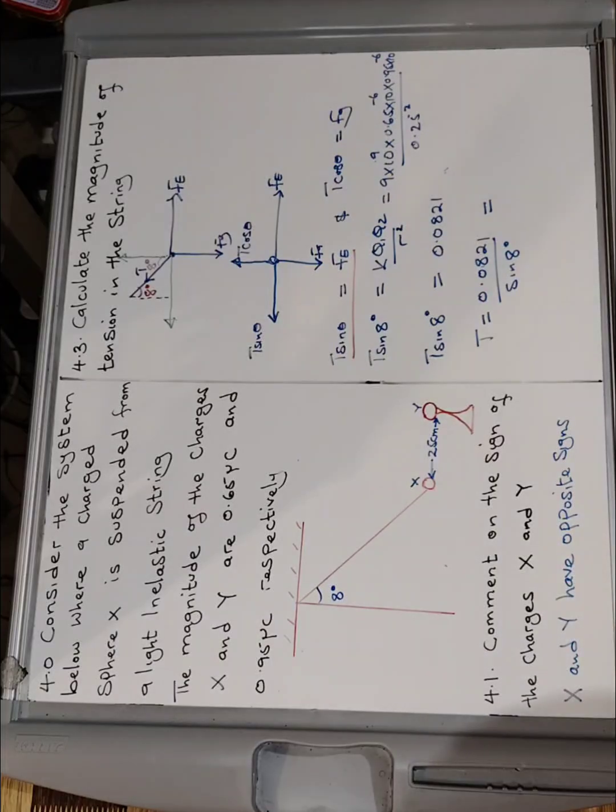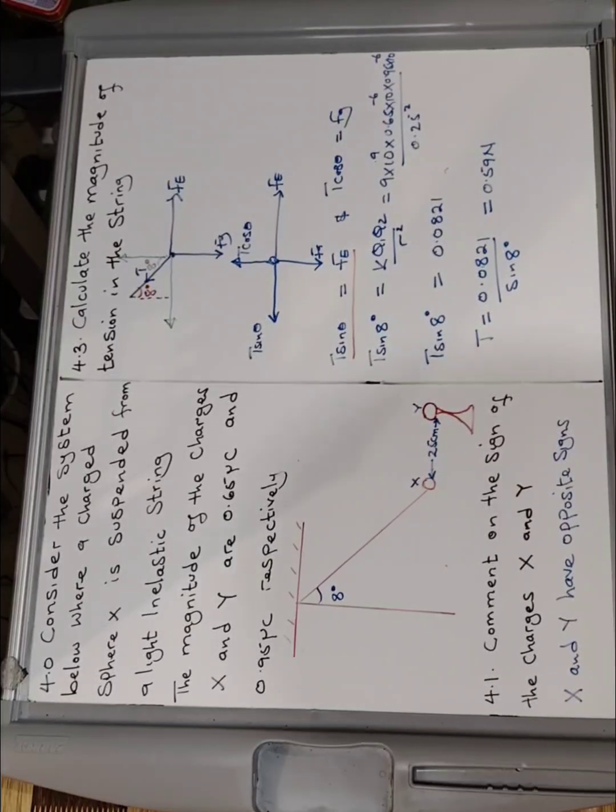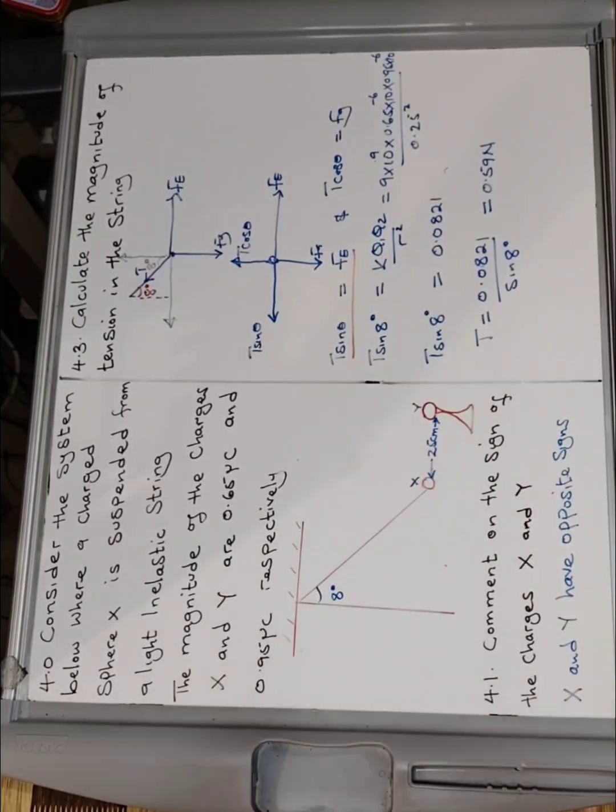Let us get it. So that's what we get. We get our tension as 0.59 newtons.